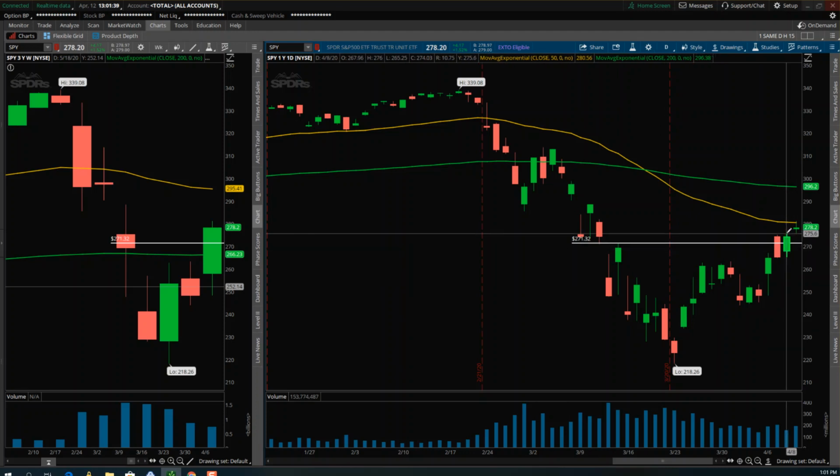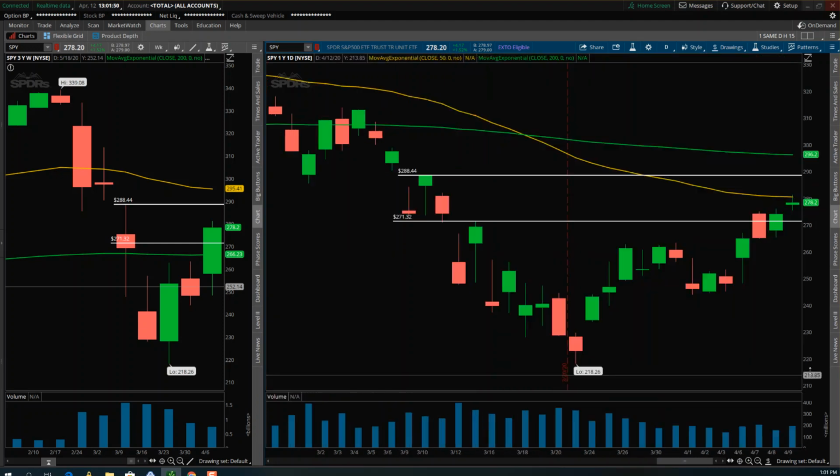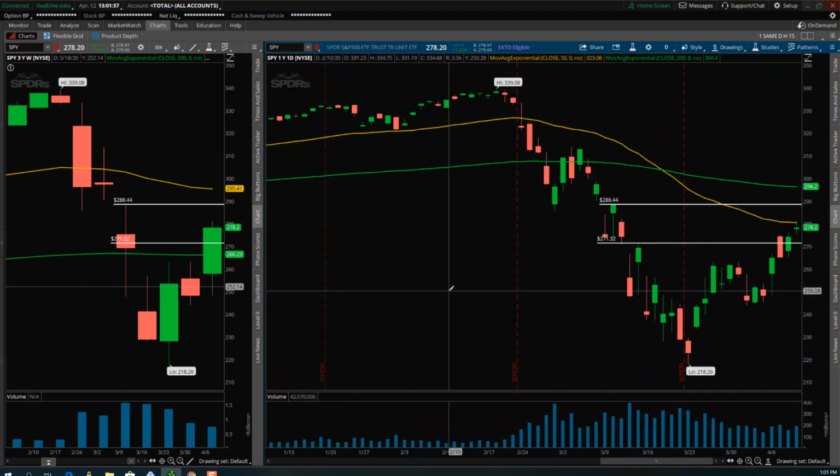We broke above that, closed above it, saw a little bit of follow-through move, and on any move towards the upside above the 50-day EMA, I would say 288.50 is the first target on the upside, and then definitely we are going to start hitting some good resistance over there, because the 200 EMA would have slightly come down by that time if we move towards the upside.